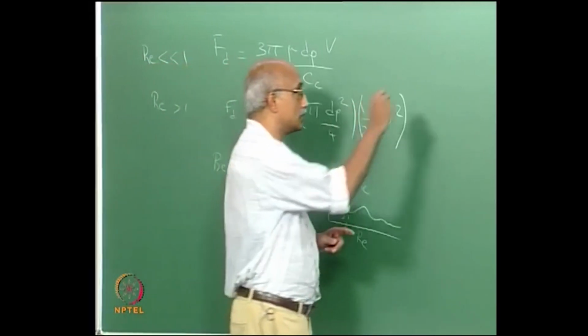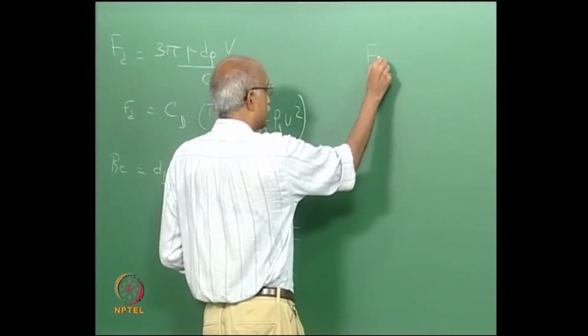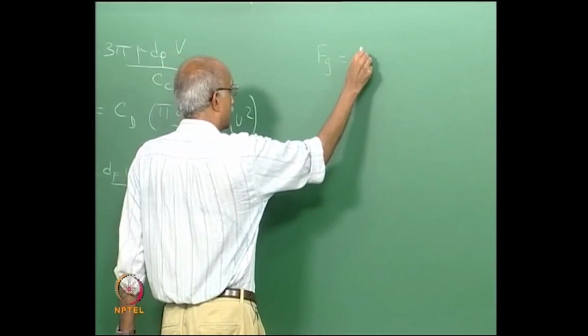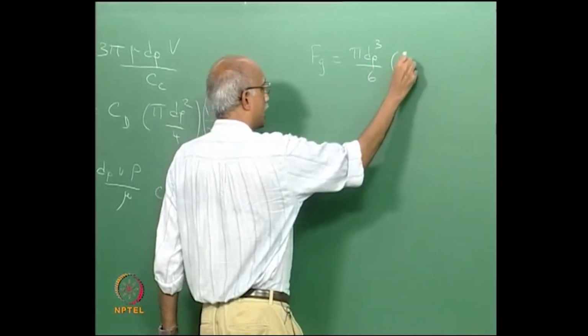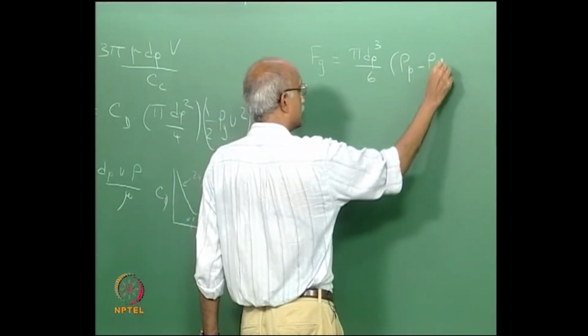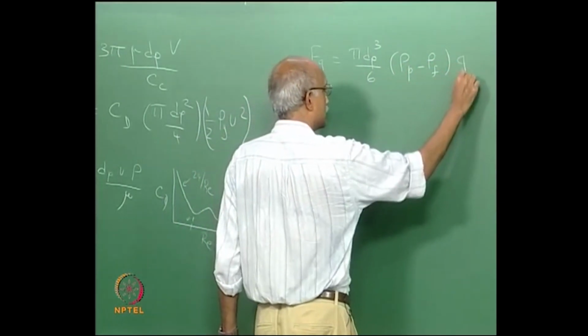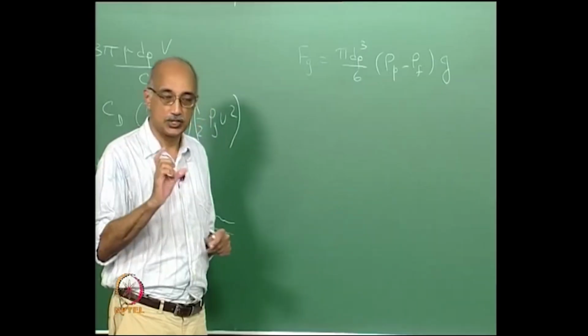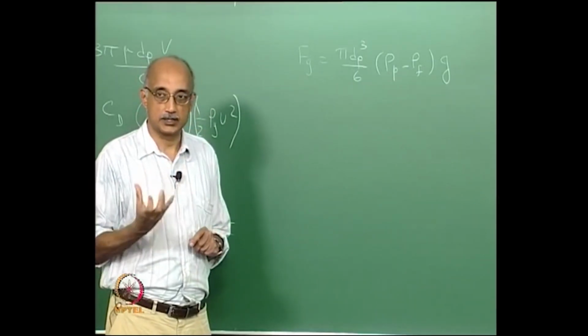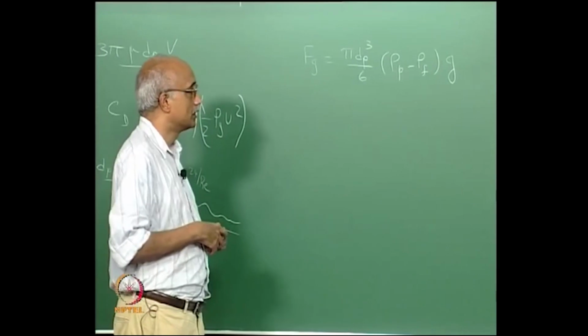Now, we also saw that the body force can be represented as pi dp cubed over 6 times rho p minus rho f times an acceleration g. Here, of course, the rho p minus rho f refers to the differential in densities between the particle phase and the fluid phase.